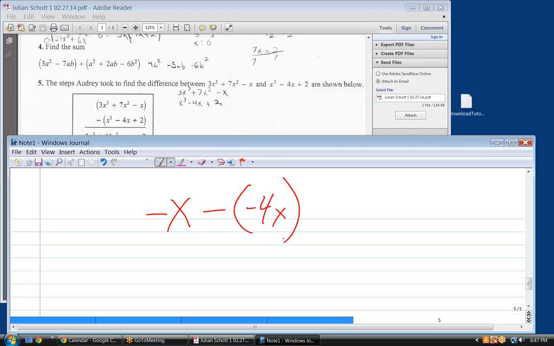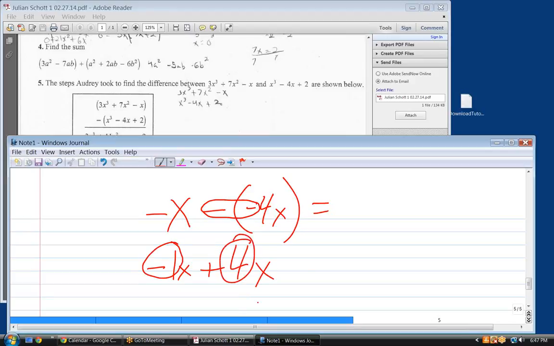Right? Like that? So what's that equal to? Plus 3x. These two minus signs become a plus. So you really have minus 1x plus 4x. Same as minus 1 plus 4. It's equal to plus 3.